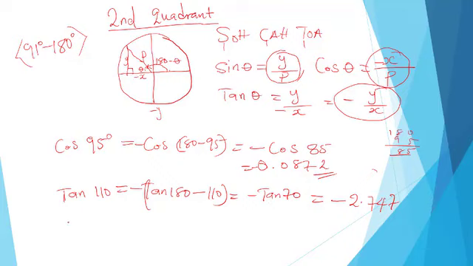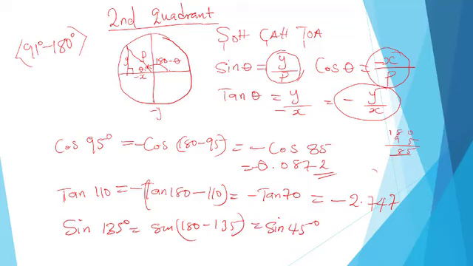But if you have a value in this quadrant, let's do sine 135. Sine 135 degrees is the same thing as sine of 180 minus 135, which is equivalent to sine 45 degrees.